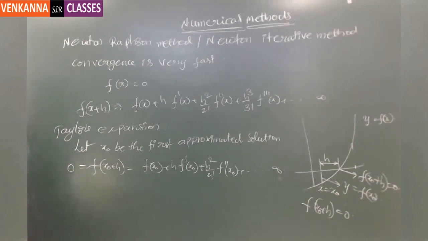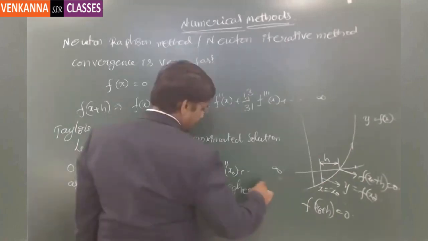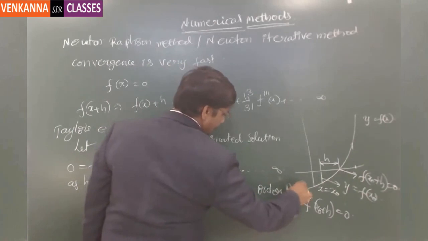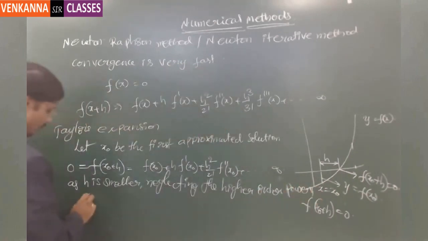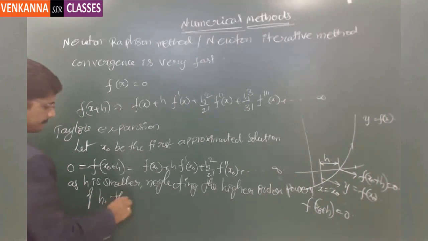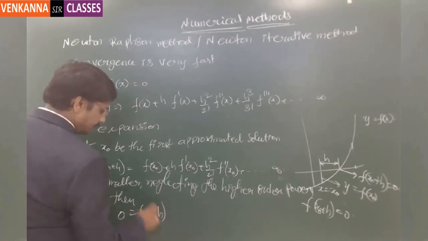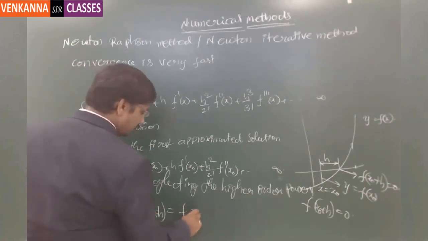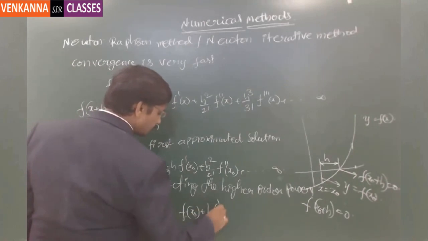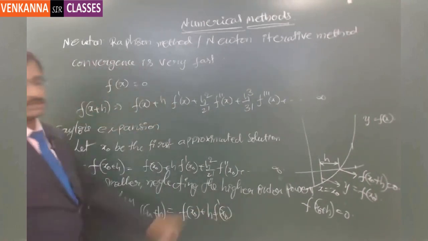So if this is becoming 0, then as h is smaller, neglecting the higher order powers of h, 0 equals f of x naught plus h, which is equal to f of x naught plus h into f dash of x naught, and then you can neglect the higher order terms.